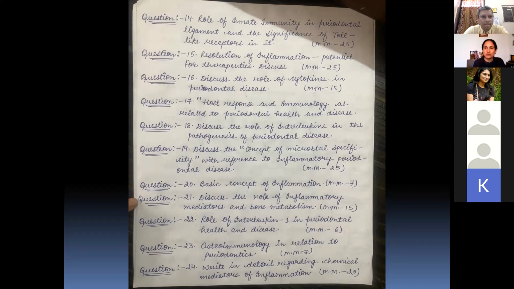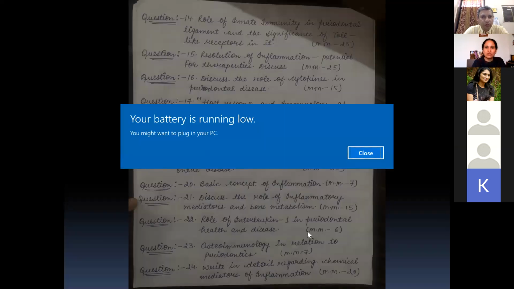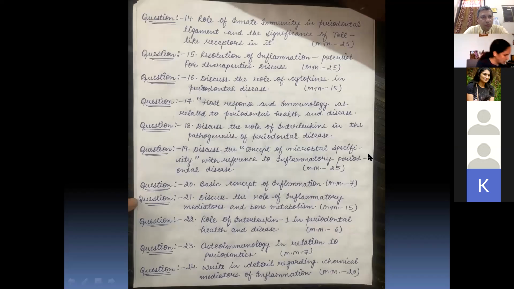On one side it's trying to kill the bacteria, on the other side its own host tissues are getting damaged. Pan receptor defect is basically a genetic problem where the receptors are not able to take up the different types of antigen presenting cell receptors, and they cannot be eliminated by the body.